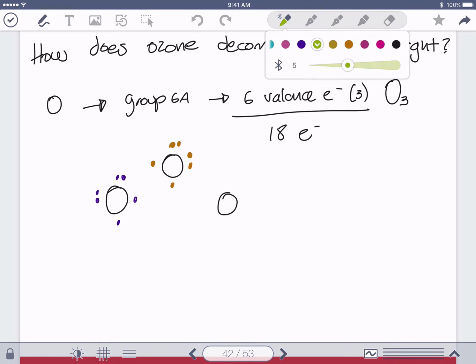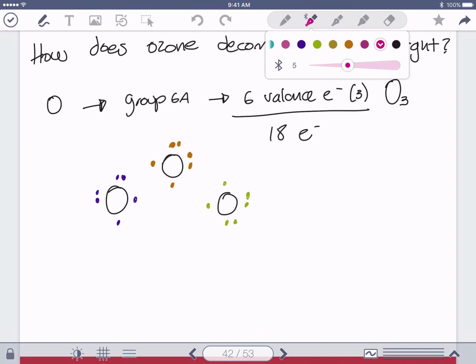Let's use a different color. 1, 2, 3, 4, 5, and 6. Notice that I purposely draw the pairs of electrons towards the side of the symbol that is not facing the next atom. I do that on purpose so it's easy to see which bonds are being formed.